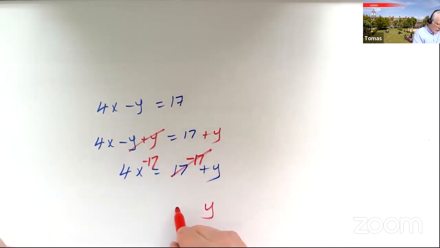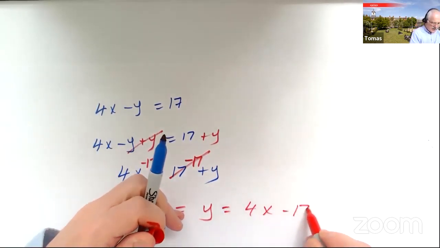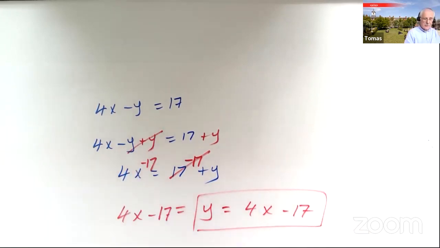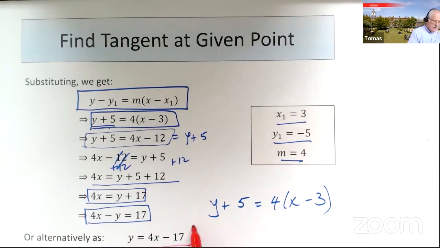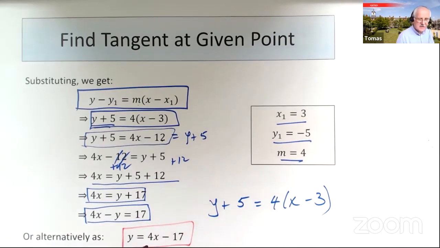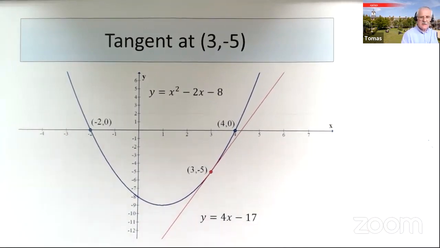So I get y is equal to 4x minus 17, the right way around. So that's another way of getting the answer. I now have just one thing on the left-hand side, my y, and the other side is 4x minus 17. So that's it. There's my equation, y is equal to 4x minus 17, and that's my tangent.